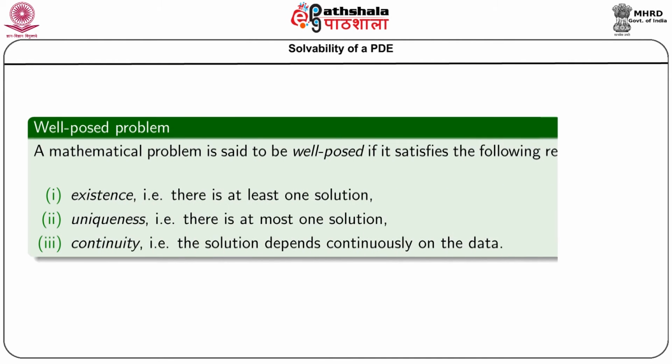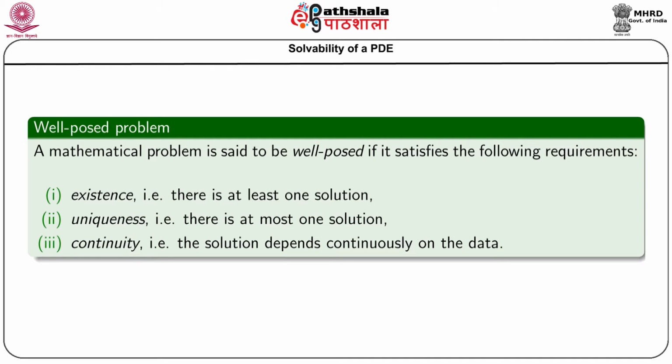Before solving a partial differential equation, we have to think about its solvability. A mathematical problem is said to be well posed if it satisfies the following three conditions. The first one is existence, which says that there is at least one solution of the problem.